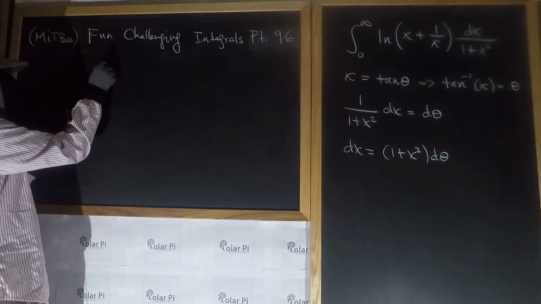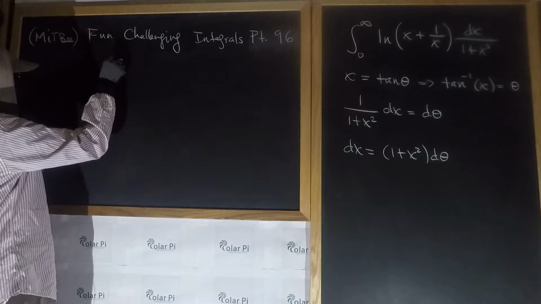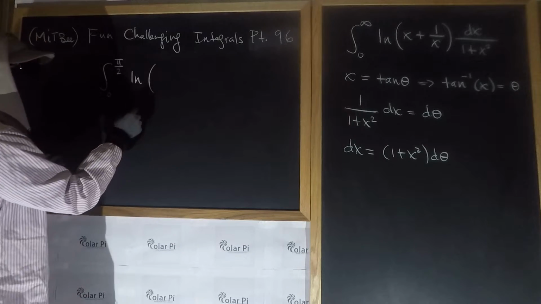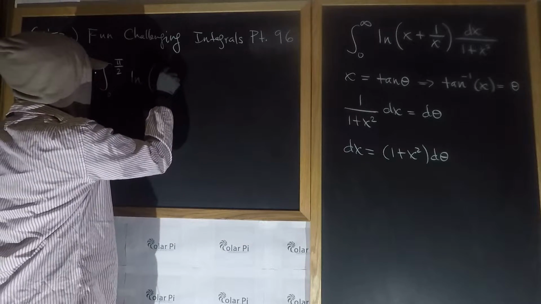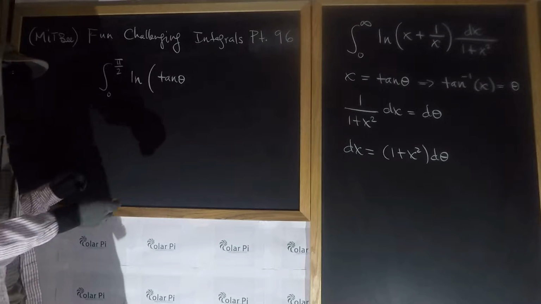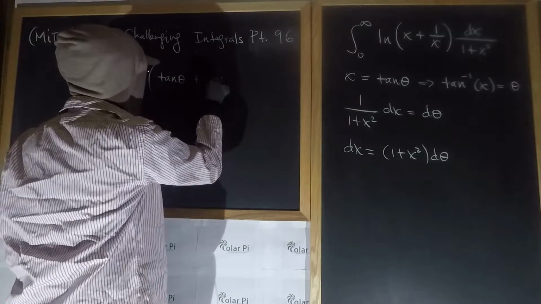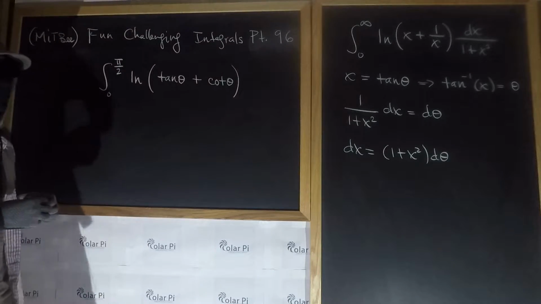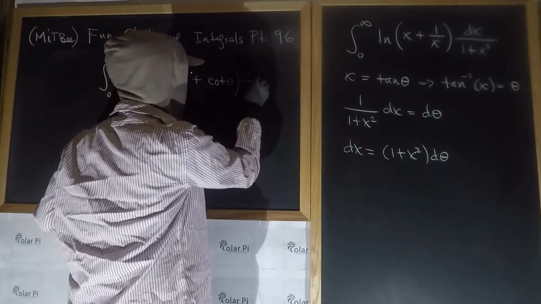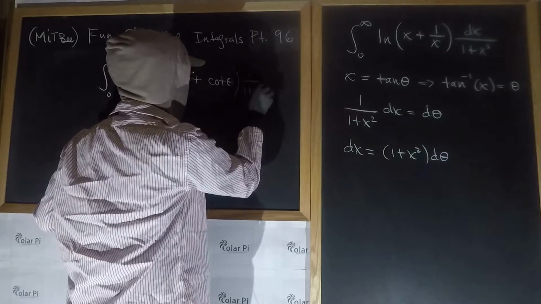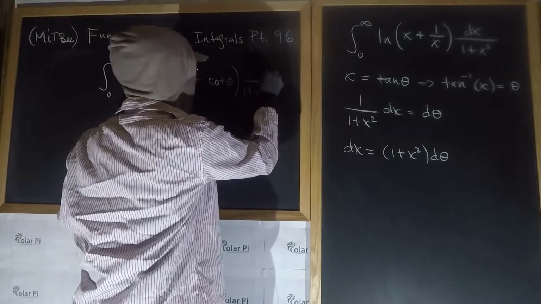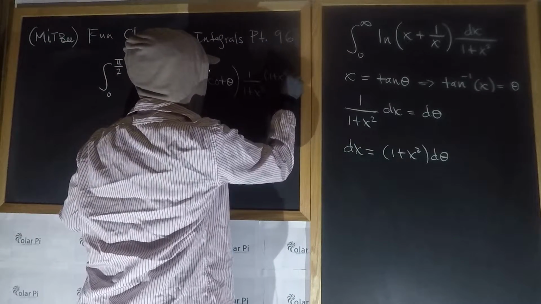So then the given integral is the same as the integral from 0 to pi over 2 of the natural log of, we said tan theta is x, so 1 over x is going to be 1 over tan theta, which is cot theta, so cot theta, and then we'll have 1 over 1 plus x squared, and then dx, however, is 1 plus x squared d theta.